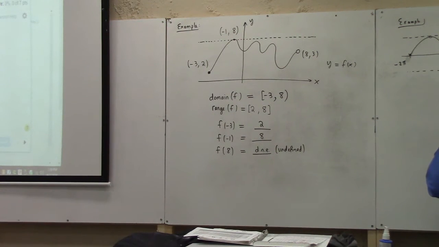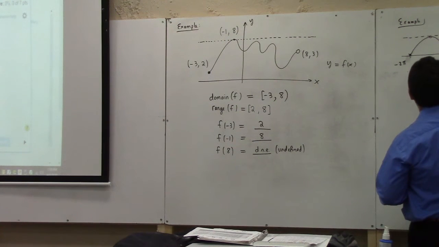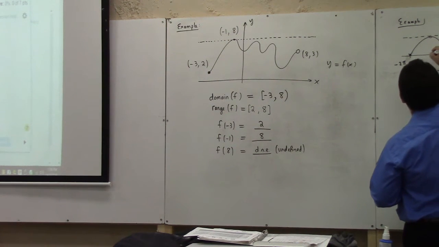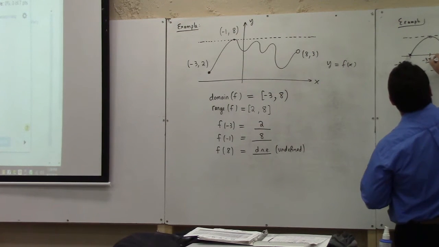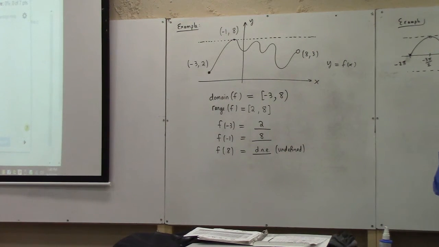So this is actually at pi over 2. This is at 3 pi over 2. This is at minus pi over 2. I regret making this example. Minus 3 pi over 2. But I've gone this far, I'm going to finish it.